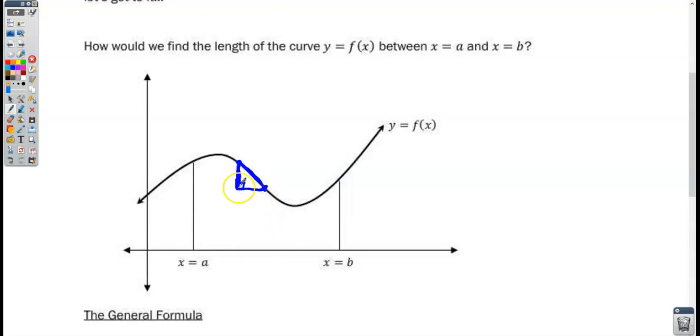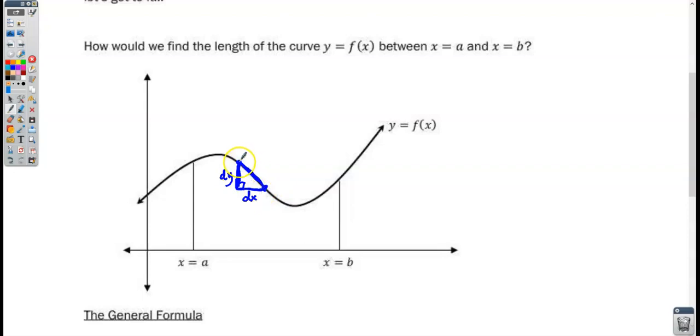And then using the differentials that we've learned about in calculus, this side of the triangle is dx, the change in x. It describes how much the x-coordinate changed from this point to this point. And this dimension is dy. It describes how much y changed as we moved from one point to the next.